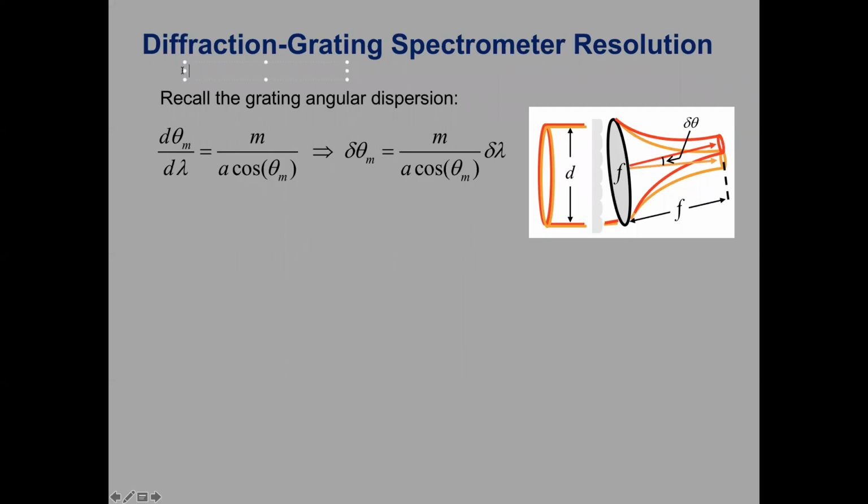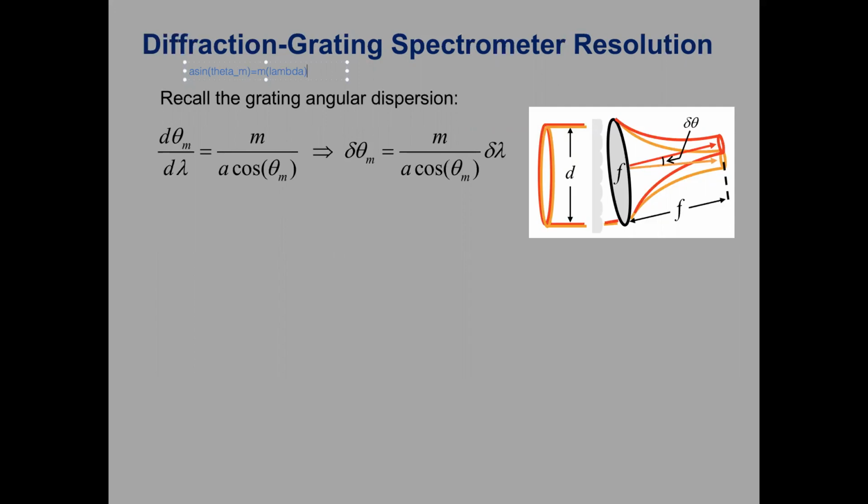So our grating equation, remember, was our slit spacing A times sine of our diffraction angle is equal to m times wavelength, m being the diffraction order we're talking about.